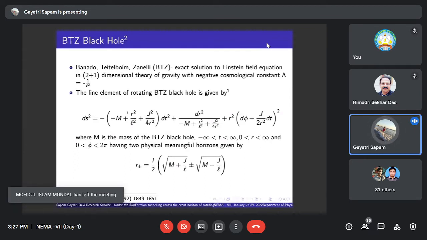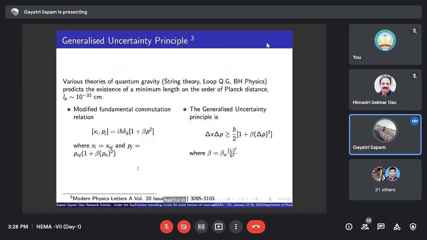The BTZ black hole is an exact solution of the Einstein field equation in 2+1 dimensions, and it has a negative cosmological constant of -1/L squared. This is the line element of the BTZ black hole, and it has two meaningful horizons, r plus and r minus, where one is the inner horizon and the other is the outer horizon.